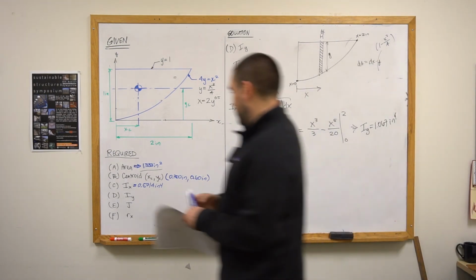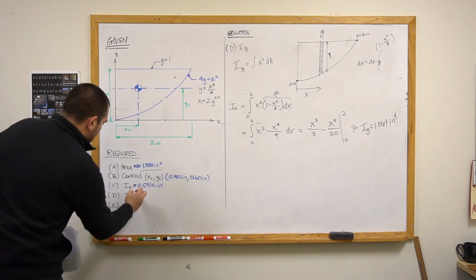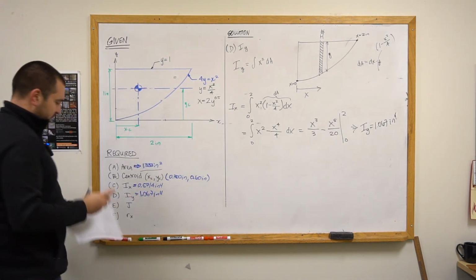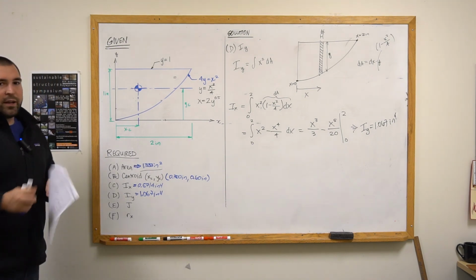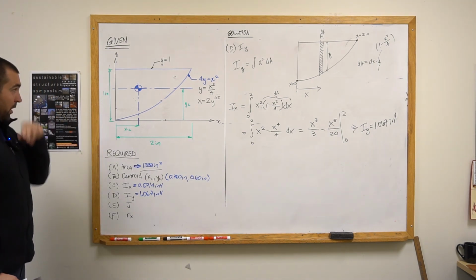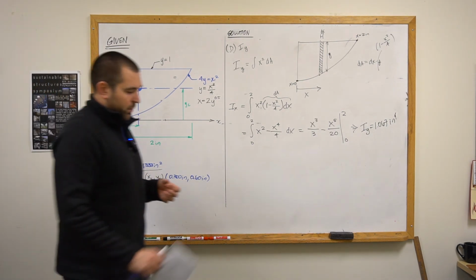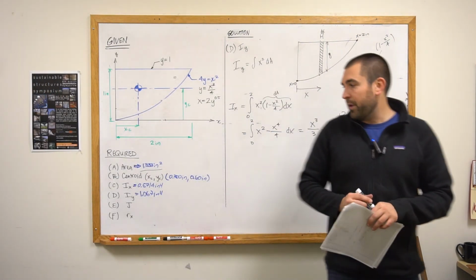Okay, so Iy equals 1.067 inches to the 4th. So we've got kind of the critical cross-sectional properties of this area. Area is going to come in handy when we're talking about the stresses due to an axial force on a member.